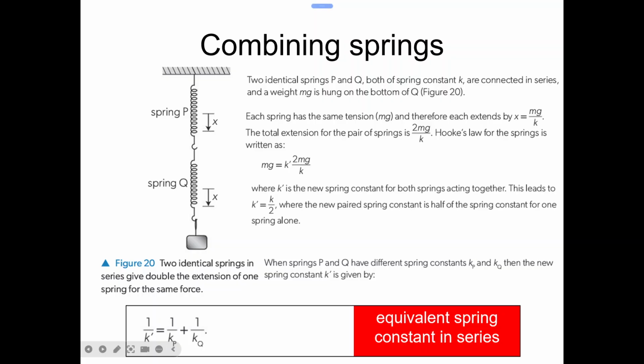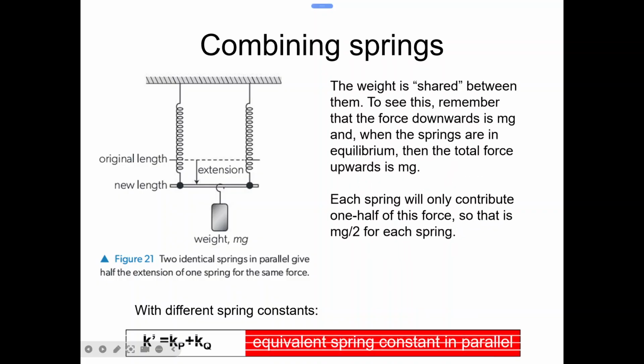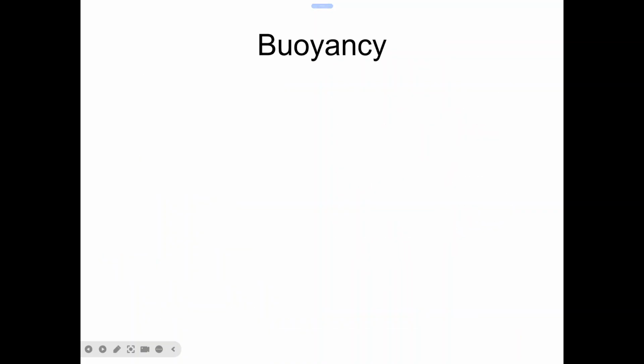Move on, okay? Good. Now buoyancy. We have already learned about buoyancy, right? Anybody still remember the formula for buoyancy? Density rho g V. What is rho?